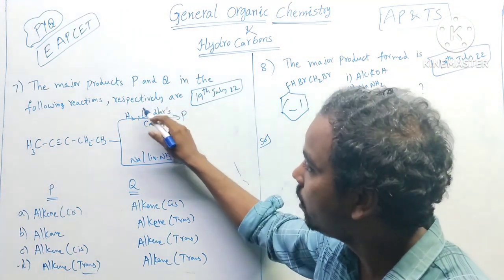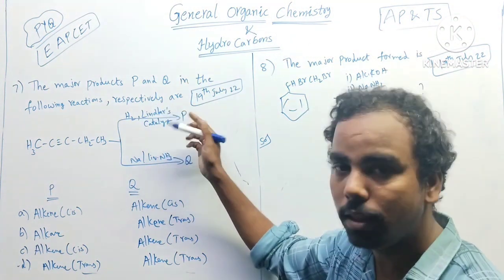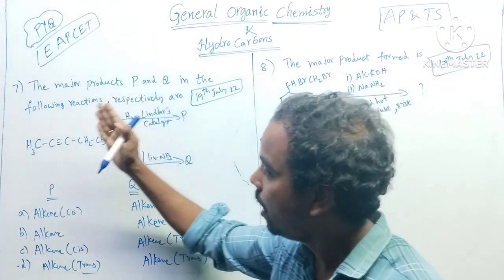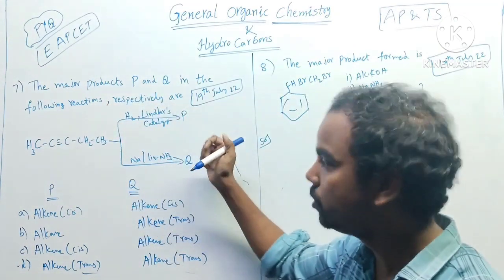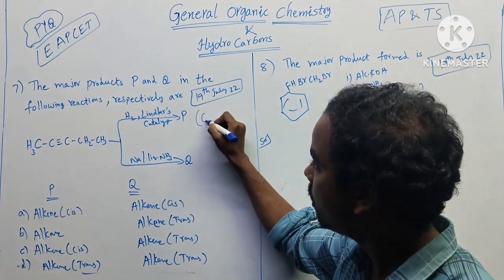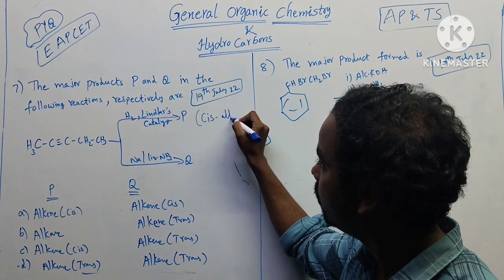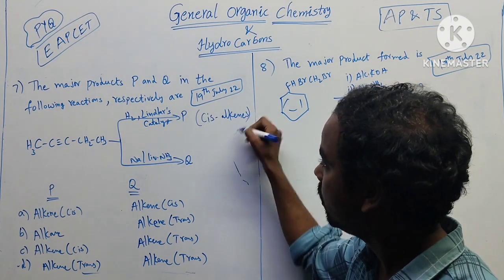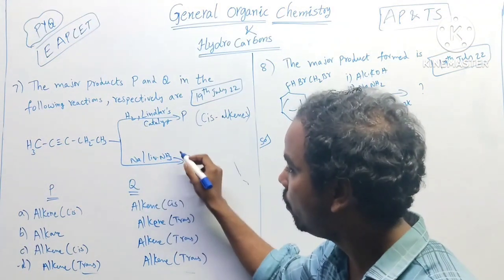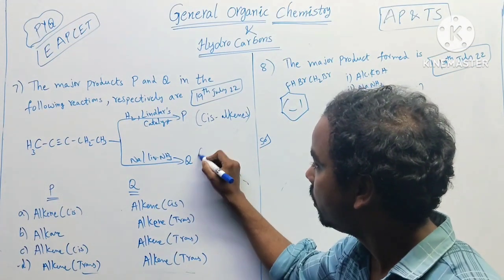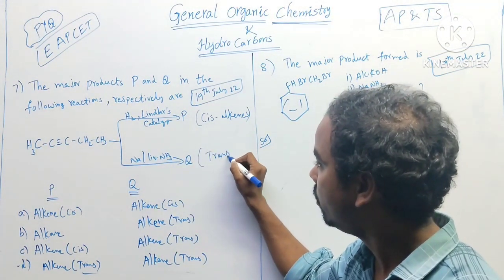Palladium barium sulfate in quinoline is called Lindlar's catalyst. In the presence of Lindlar catalyst, alkynes are reduced to cis alkenes. If sodium in liquid ammonia is present, trans alkene is formed.